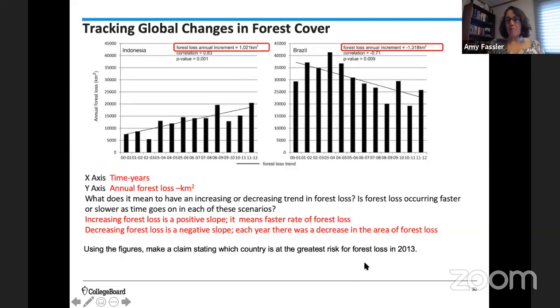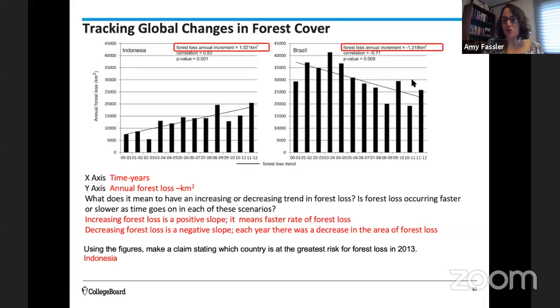So the question I might be asked about this is, using these figures, make a claim about which country is at the greatest risk for forest loss in 2013. And that would obviously be Indonesia. We would predict that in 2013, they would have lost another 1,020 kilometers squared. Now, I can't say that Brazil is gaining forested land.